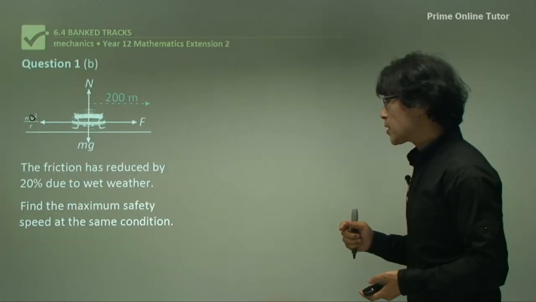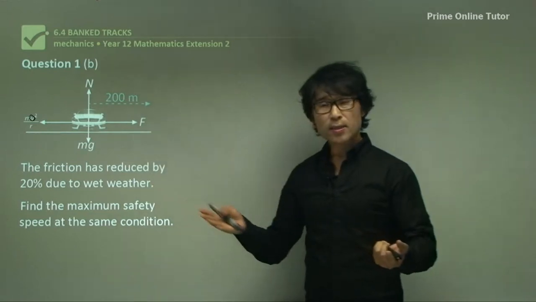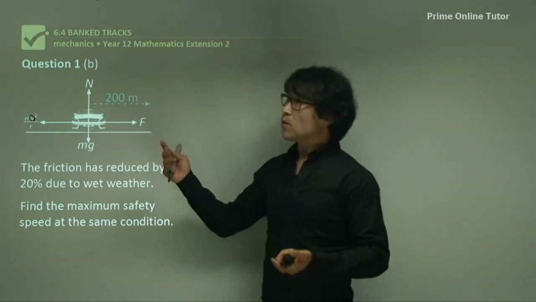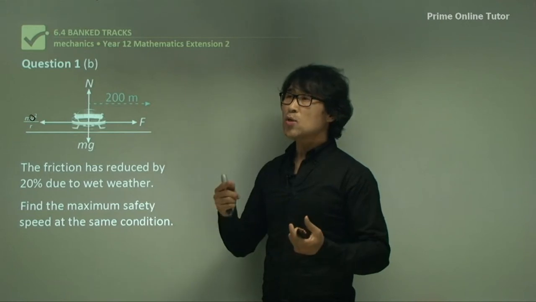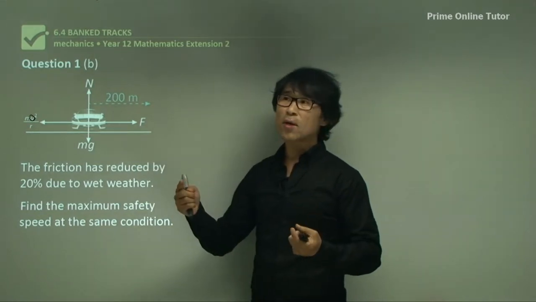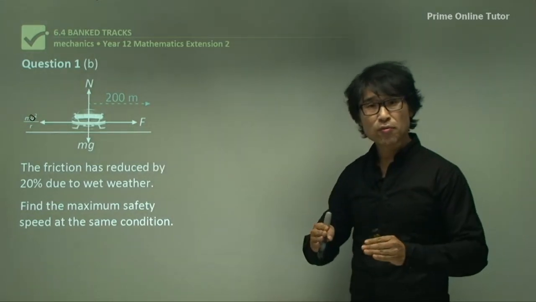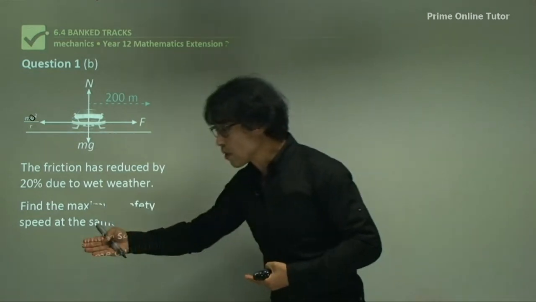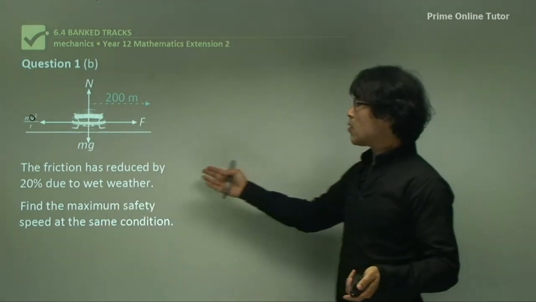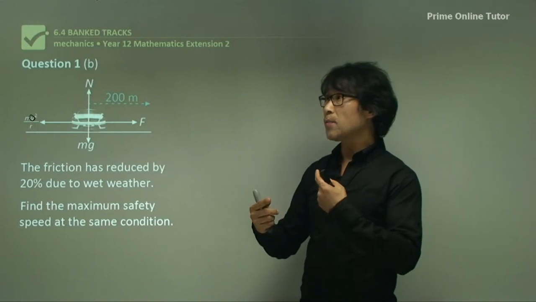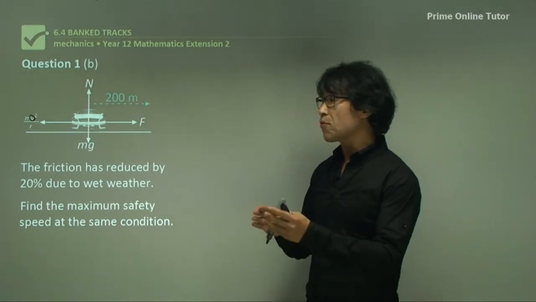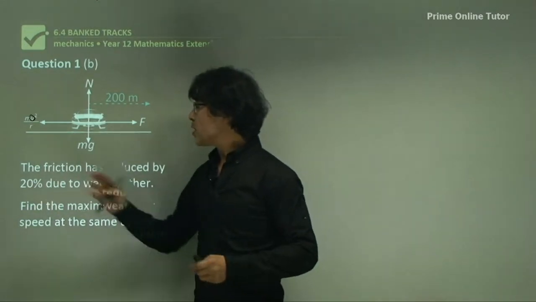Now the next question is asking us, say any wet day, you can imagine that, usually it is slipping, which means less friction force. So it's easy to slip away. We just measured the degree of slipperiness is 20%.